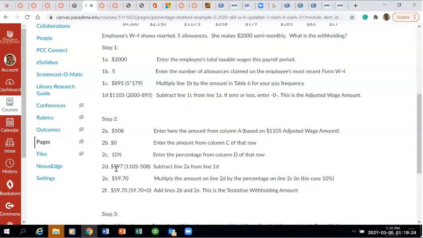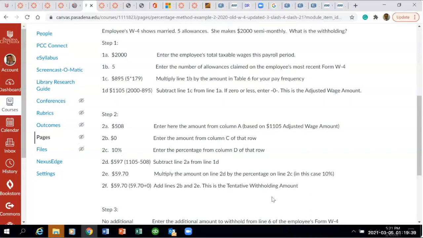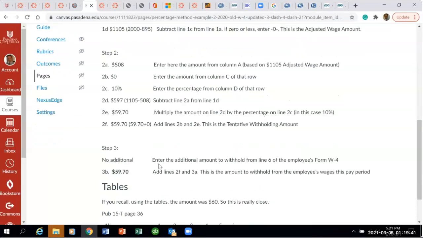Above 508 is 597. 597 times 10% is $59.70 plus 0 standard. So it is $59.70, the tentative withholding amount. Is there any additional tax withholding in the W-4? No, there is not. So the tax is $59.70.